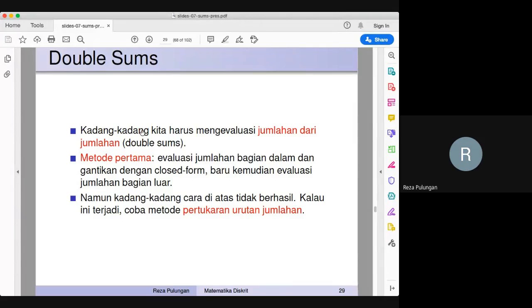Well, sometimes it is worth trying to exchange the order of the summation. If you exchange the order of the summation, then sometimes you find a way to find the closed form solution and a better way to express your sum.